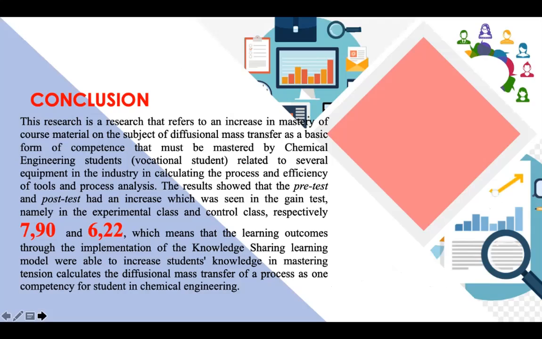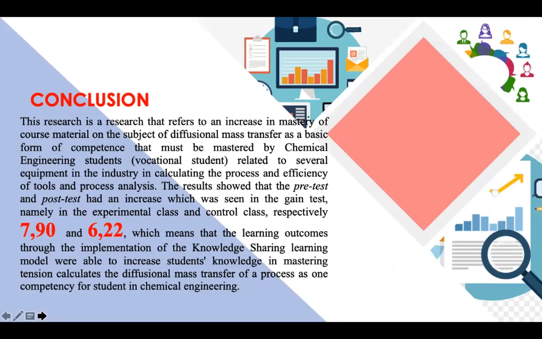For the conclusion, this research refers to an increase in mastery of course material on the subject of diffusional mass transfer, as a basic form of competence that must be mastered by chemical engineering students or vocational students related to the industrial equipment, in calculating the process and efficiency of tools and process analysis.